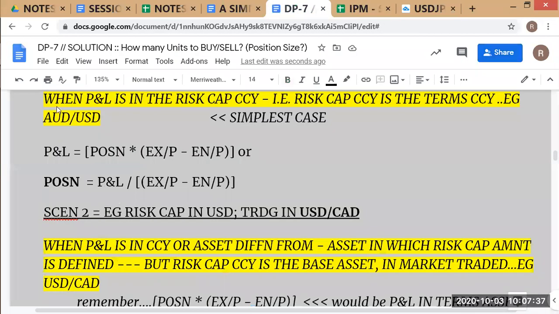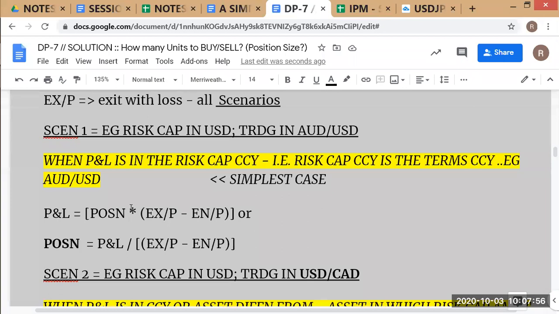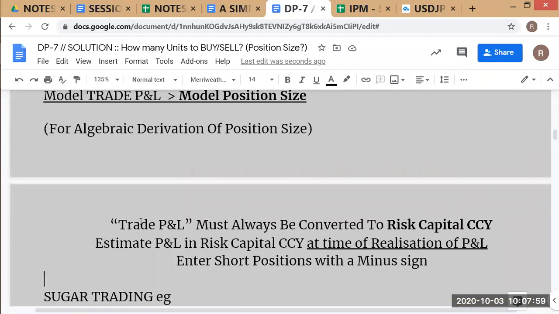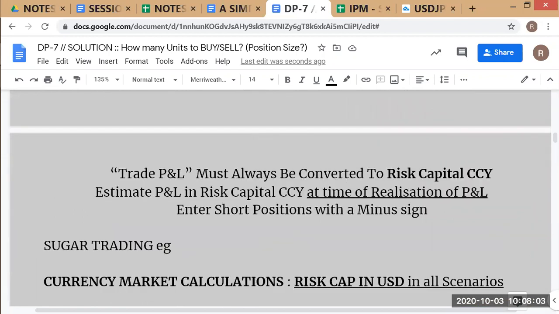So here's your simplest case: P&L is equal to position times exit minus entry. Then you flip it around, so position equals P&L divided by exit minus entry. And remember, it's the trade P&L in the risk capital currency.